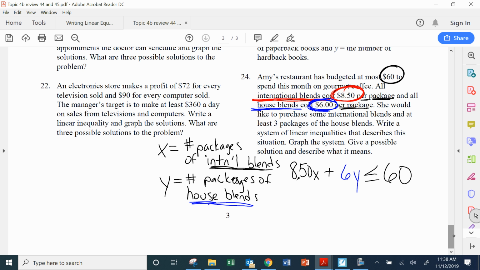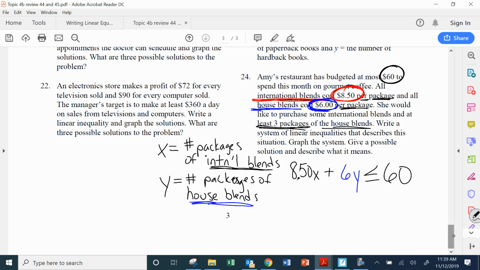The last requirement, read through it, the only other thing it says is that I need at least 3 packages of the house blend. So that's a different requirement. It doesn't say anything about how many packages of international blend I need.